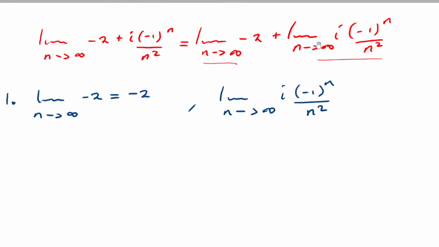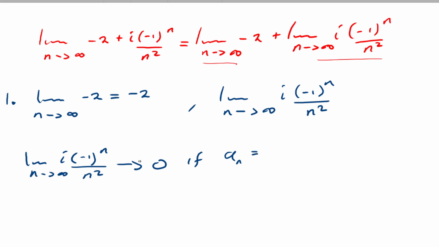So how can this be 0? Okay, how can this be 0? Well, we're saying the limit as n approaches infinity of i times (-1) to the power n over n squared can be 0 if this sequence, which is an, equal to i times (-1) to the power n over n squared, converges absolutely.